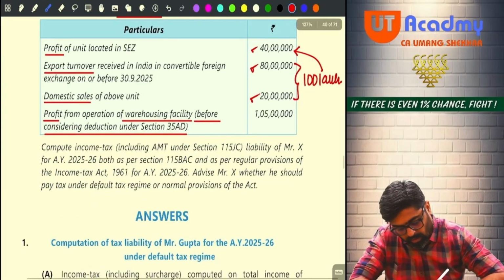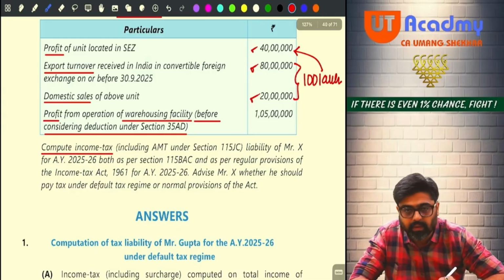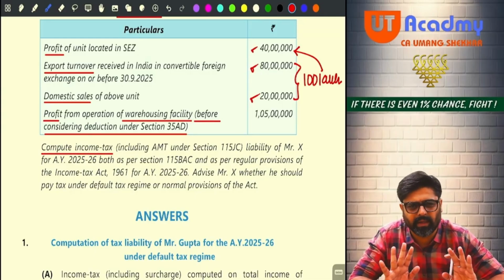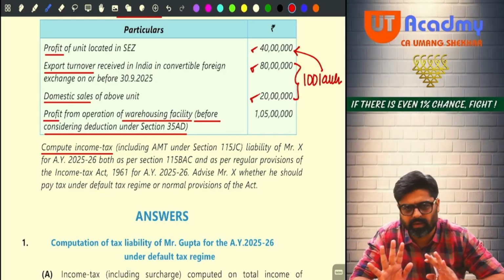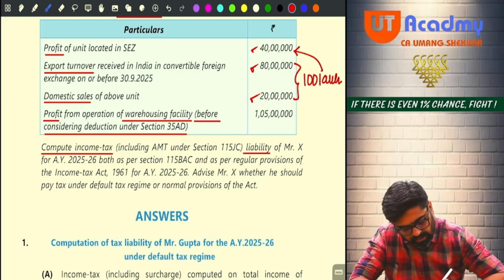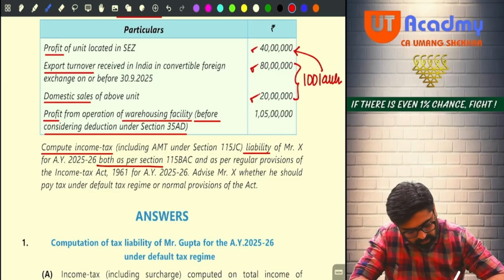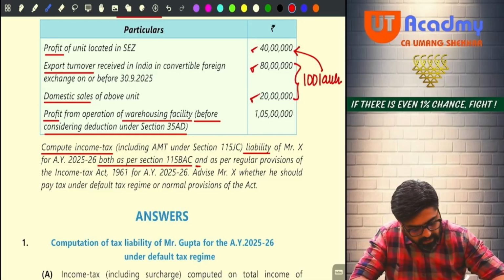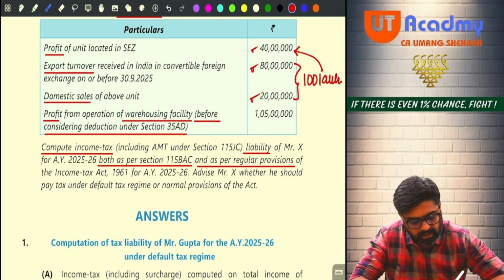Now you are supposed to compute income tax including AMT. Forget about that AMT right now. Including AMT under section 115JC, income tax liability of Mr. X for the assessment year 25-26, both as per section 115BAC and as per regular provisions of the Income Tax Act.